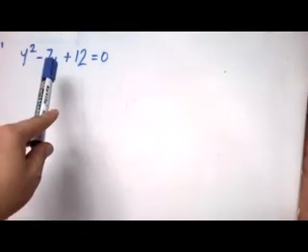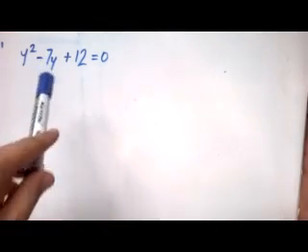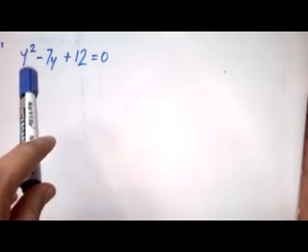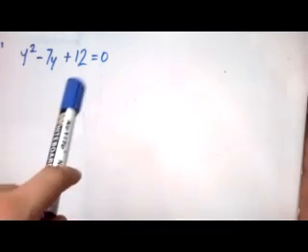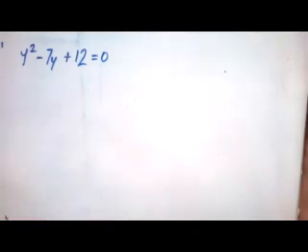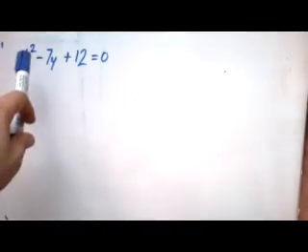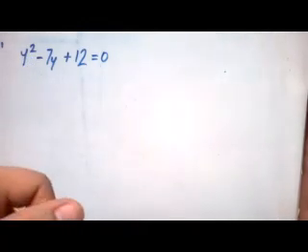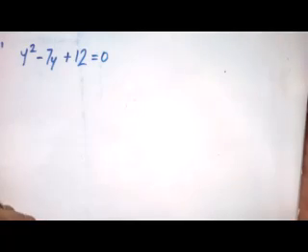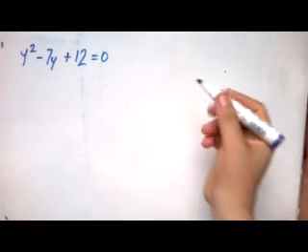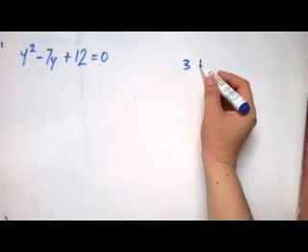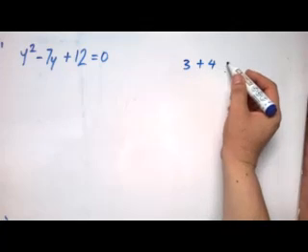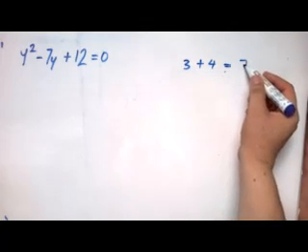Now, in adding numbers that will give us 7, we know that 3 plus 4 will give us 7. And 3 times 4 will give us 12. The problem now will be knowing which one should be minus and which one should be plus to give us what we want. We are saying that when you have 3 plus 4, it will give you 7.